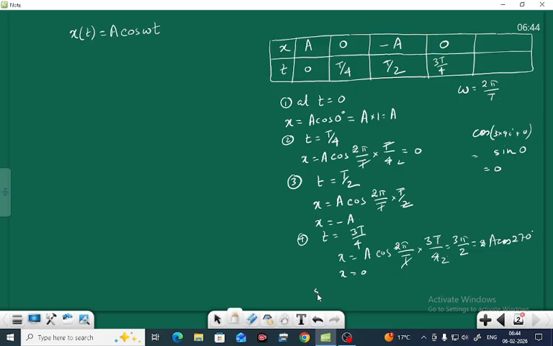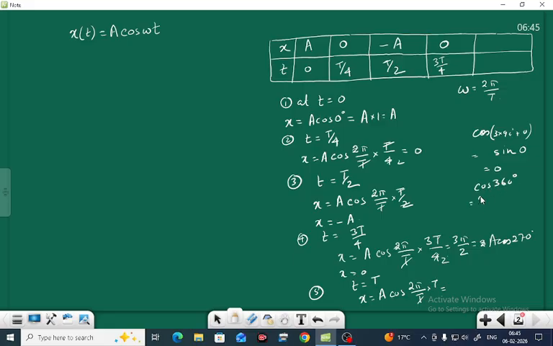And the fifth one, we are going to find x at the time period, capital T. So how do we find the value? x is equal to a cos 2 pi by T into T. So this will cancel. Cos 2 pi means cos 360 degree.